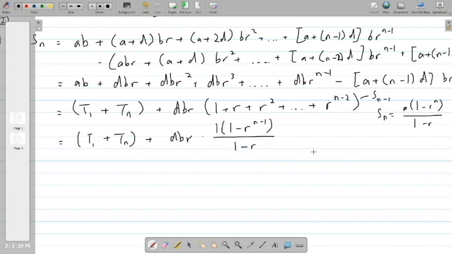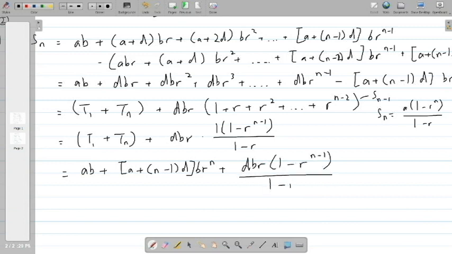All right? So in fact, this is equal to, let's write out what t1 is: ab plus a plus n minus 1 d br to the power n, sorry, plus dbr times 1 minus r to the power n minus 1 over 1 minus r.